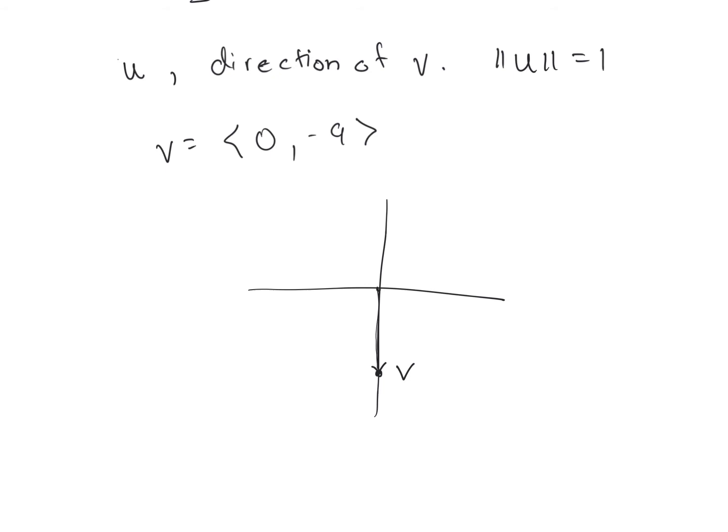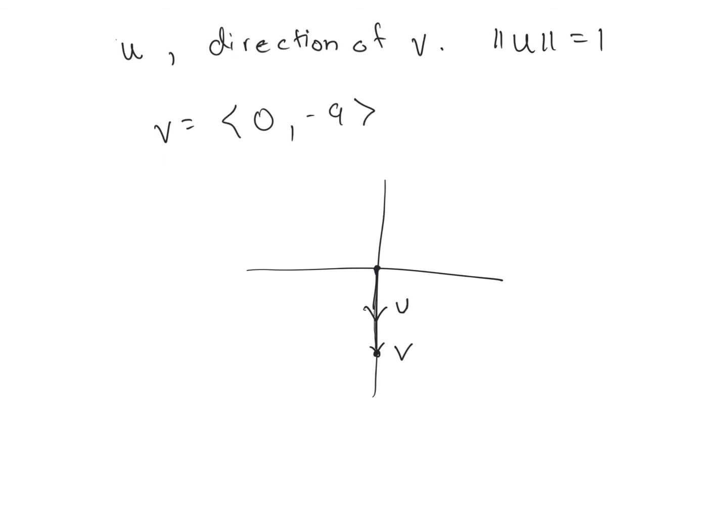But if we start off here and we want a u heading towards v, but we want to scale that down to the unit of 1. What does u have to be in order to have the magnitude of 1 facing that same direction if v is at 0, -9?